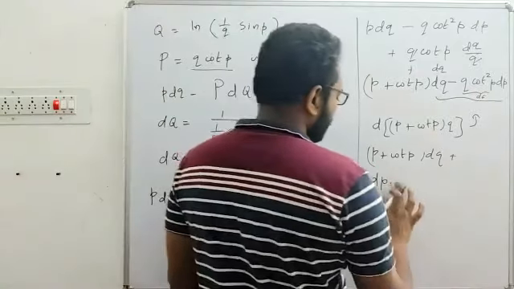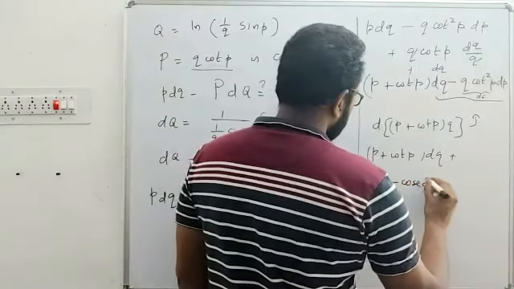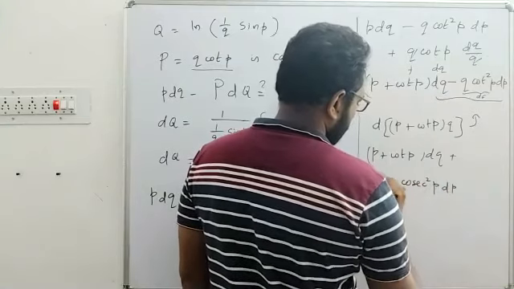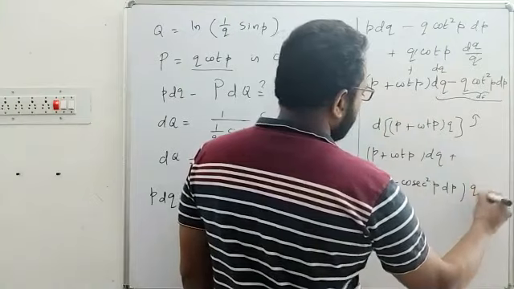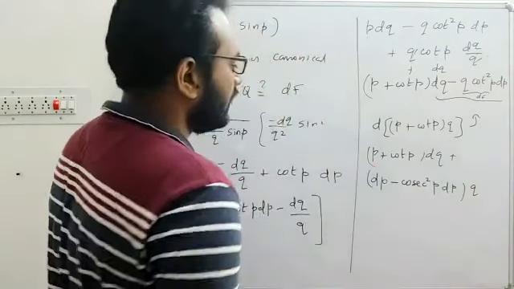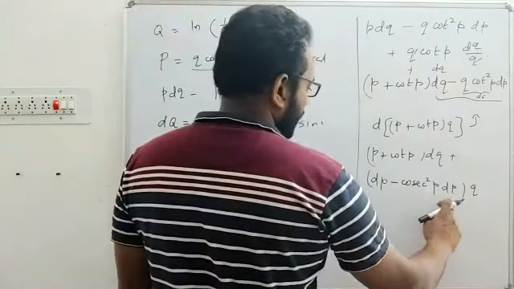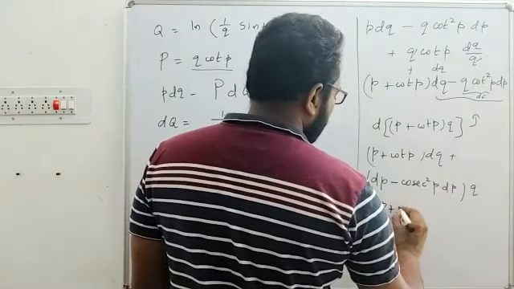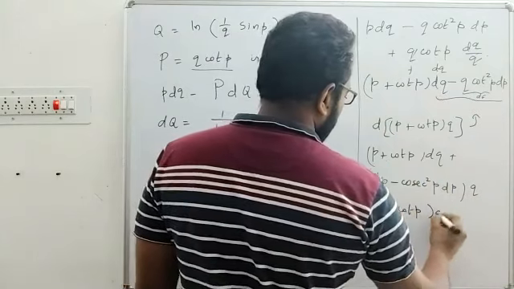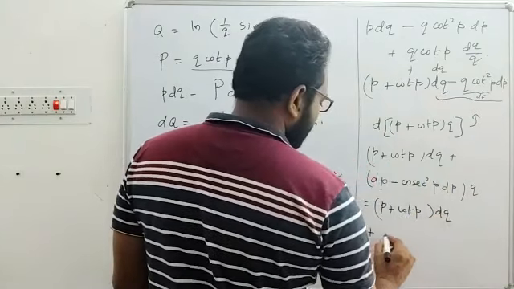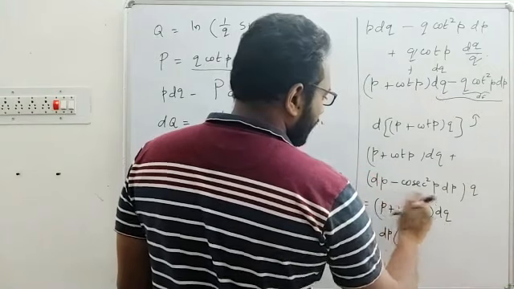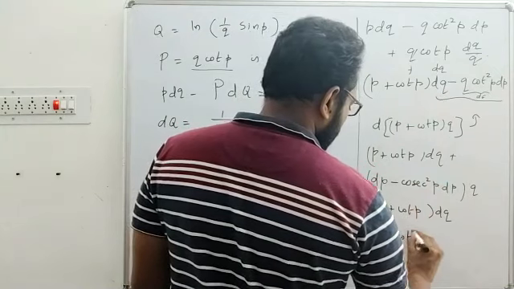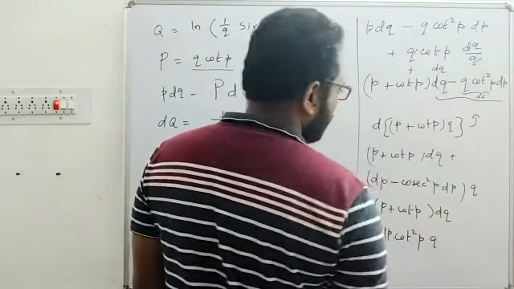So it becomes minus cosecant square p dp multiplied by q. Now, dp times 1 minus cosecant square p, that is cot square p, and you have got it there.